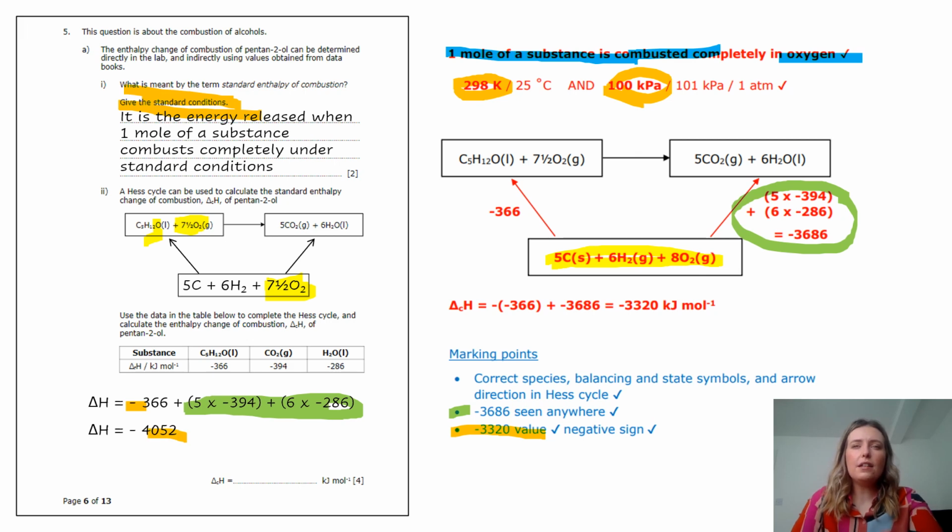But they have recognised that it should have a negative sign. Because this is enthalpy change of combustion, and we know that the final answer should be negative, there is a mark for this negative sign. Provided you've done some form of calculation to get here, you can have that mark. It's more a mark for common sense, knowing that combustion should be negative.